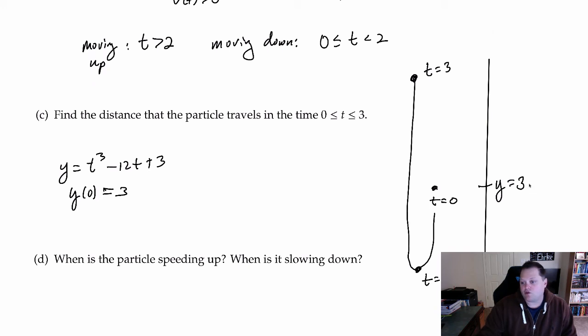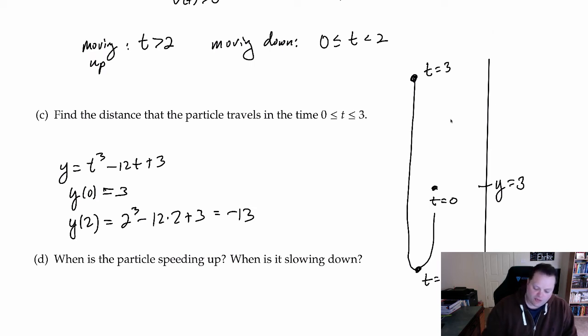Now I know its y value initially is 3. What is its y value at time 2? So at time 2, the y value is 8 minus 24, which is negative 16, plus 3 is negative 13. So my y value here is negative 13. Once again, not really to scale here.